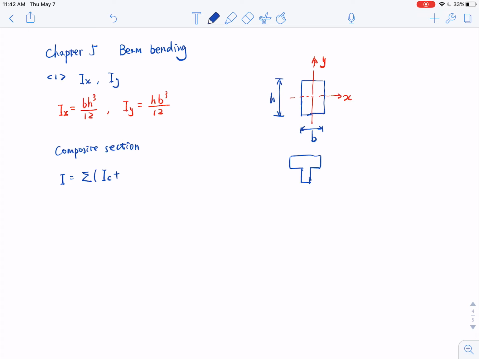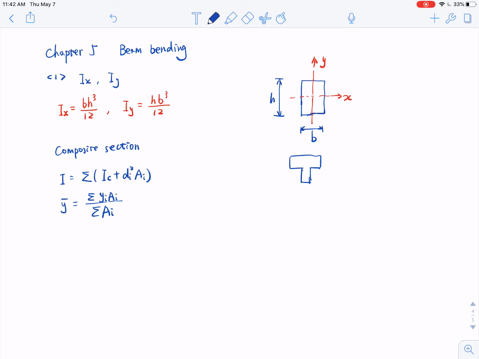I_C plus d squared A. Right? And the centroid y bar will be calculated by the sum of y_i A_i over the sum of A_i. Right?